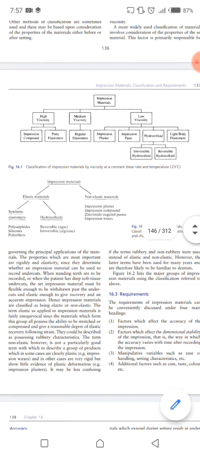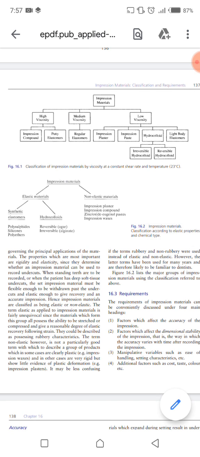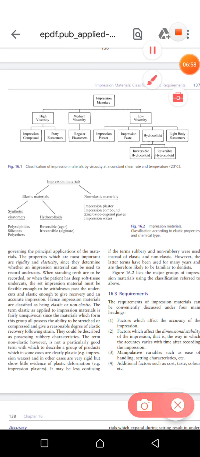As you can see here, after figure 16.1, there is figure 16.2. Impression materials can be divided into elastic materials and non-elastic materials. Elastic materials are further divided into synthetic elastomers and hydrocolloids, which we will be discussing later on.